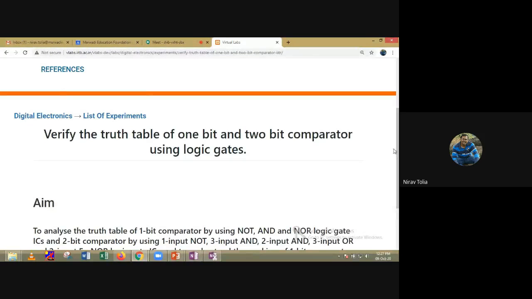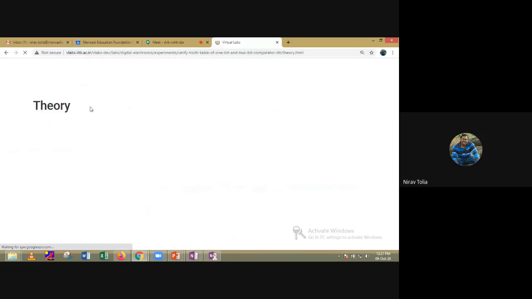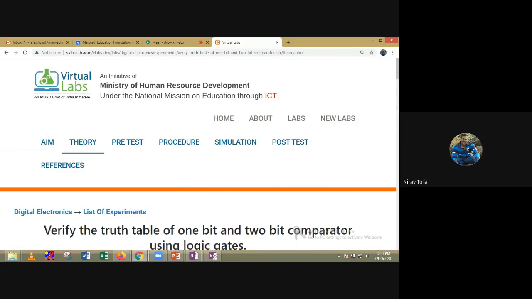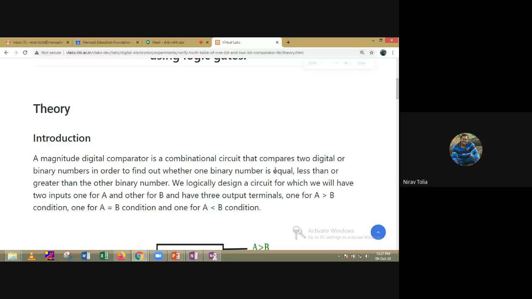So let's also check the theory given in the virtual lab for the 1-bit comparator, and then we will move to the 2-bit comparator.